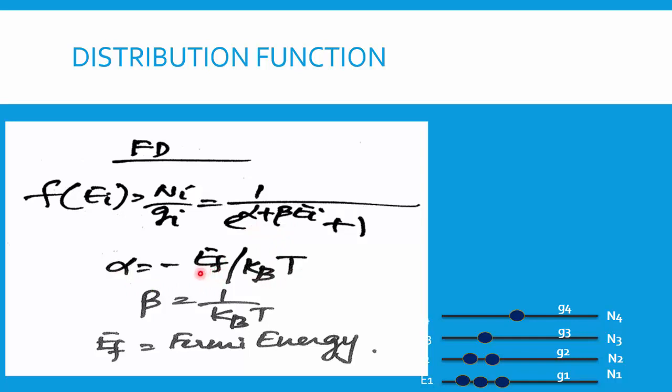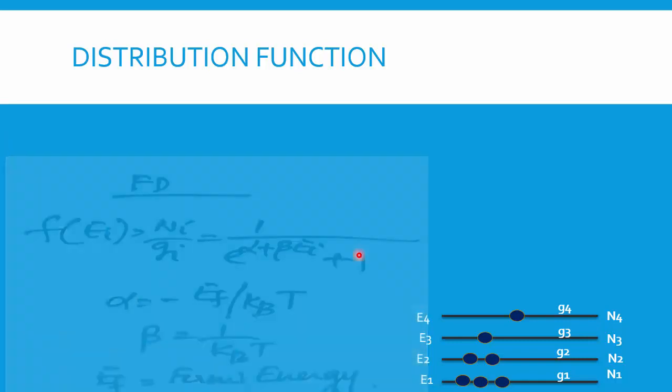EF is called the Fermi energy, and I will explain Fermi energy in the later part of this lecture. Beta is equal to 1 by kT. K is called the Boltzmann constant. So if you look into this formula, for Maxwell-Boltzmann you don't have this plus 1 term. For Bose-Einstein you have minus 1, and for FD you have plus 1.